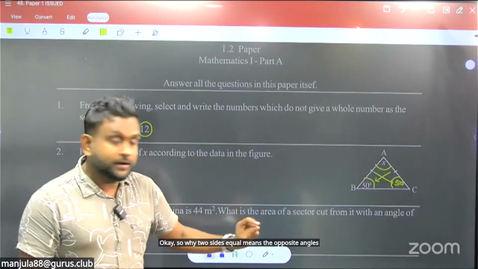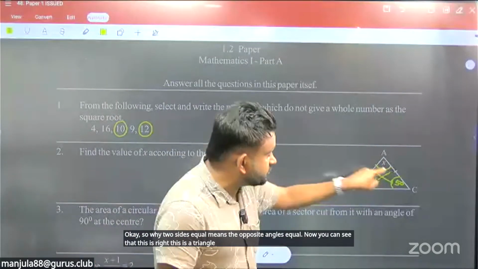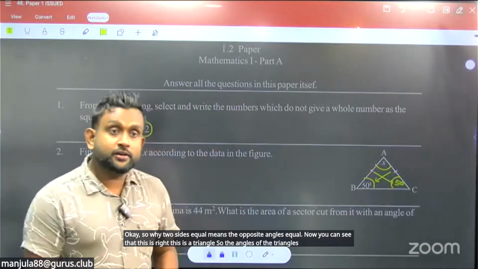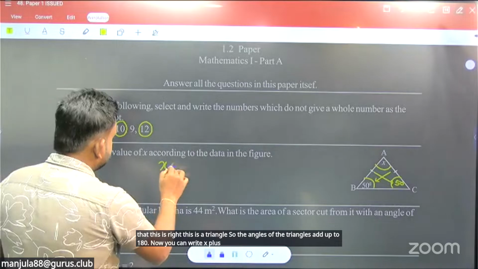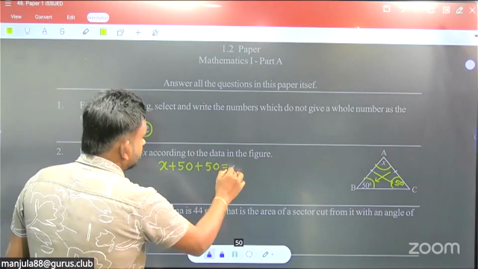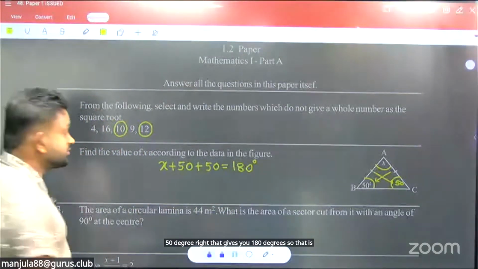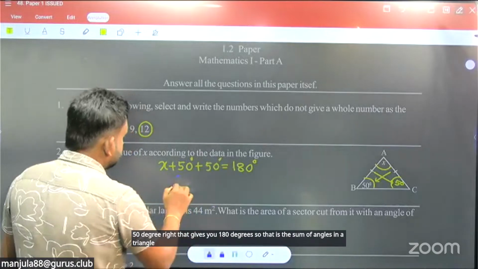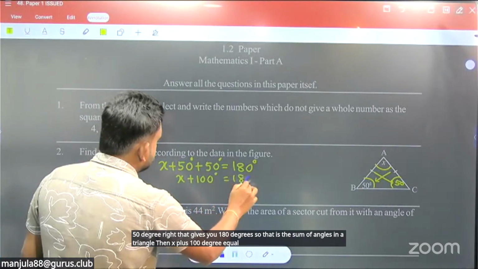Now you can see that this is a triangle, so the angles of the triangle add up to 180. Now you can write x plus 50 degrees plus 50 degrees, right? That gives you 180 degrees. So that is the sum of angles in a triangle. Then x plus 100 degrees equals 180 degrees.